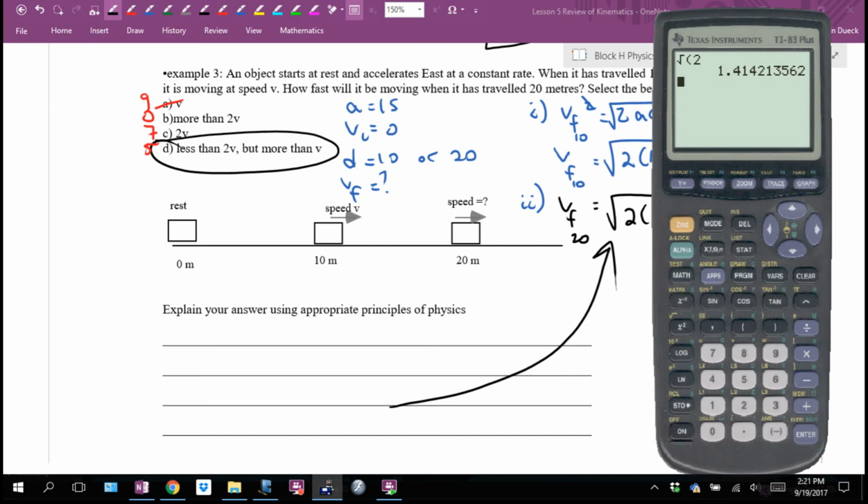For what it's worth, this is why, if you've been in a car, if you floor it at a constant acceleration, at the beginning you speed up really quickly, but the further you go, you don't seem to be increasing your speed as fast. You've noticed it being in a car, but there's the physics of why.